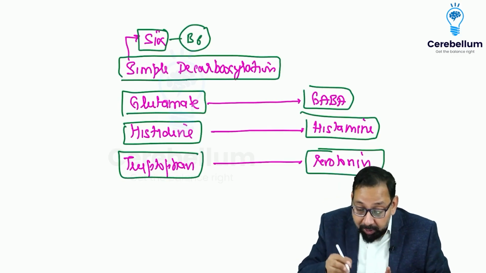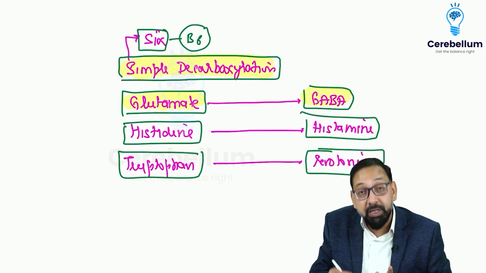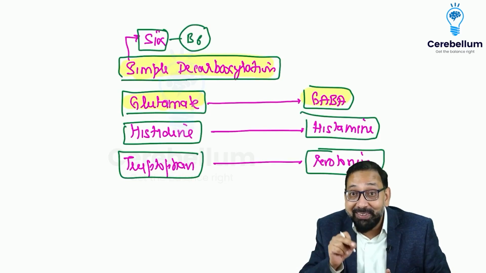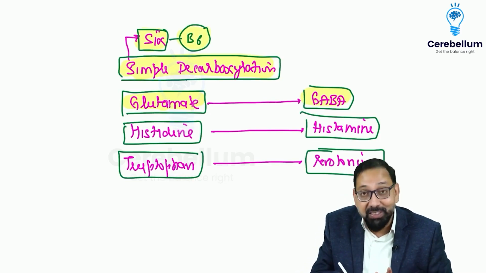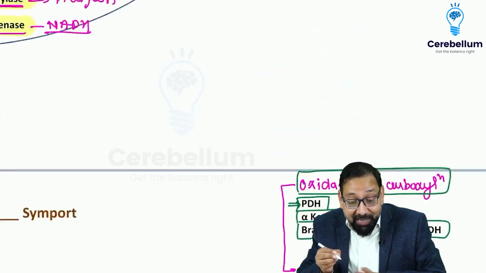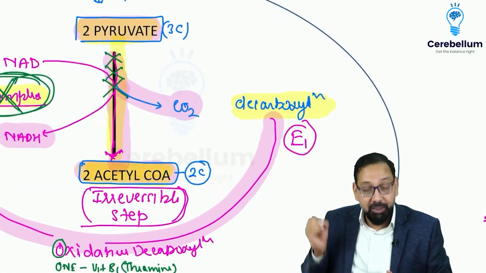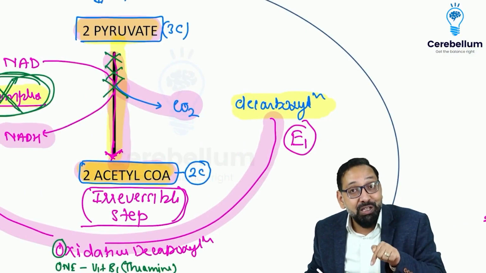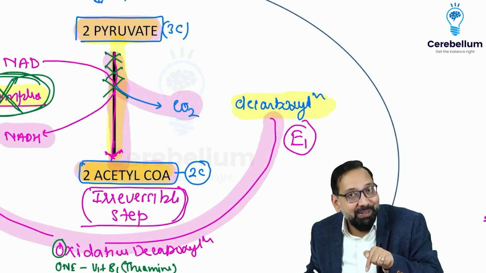You must know that glutamate is converted to GABA by simple decarboxylation, and in simple decarboxylation the cofactor is B6. If pyruvate is converted to acetyl coenzyme A by decarboxylation, you must know that this is oxidative decarboxylation and the cofactor is vitamin B1 thiamine.